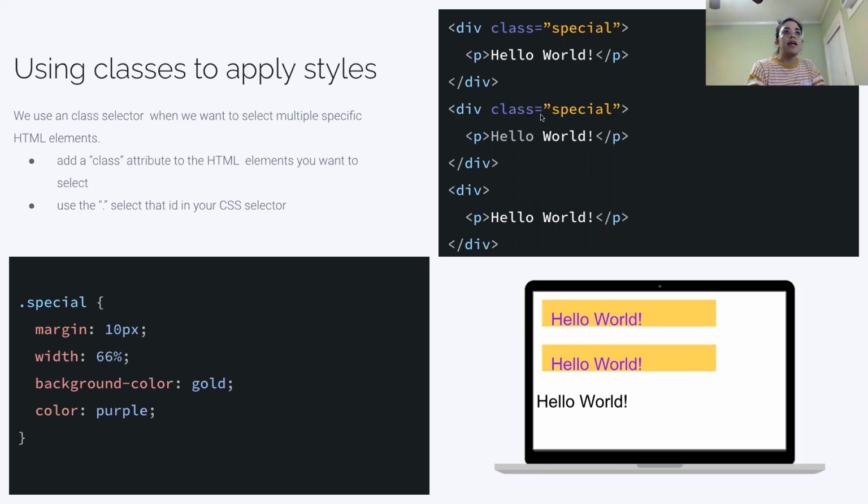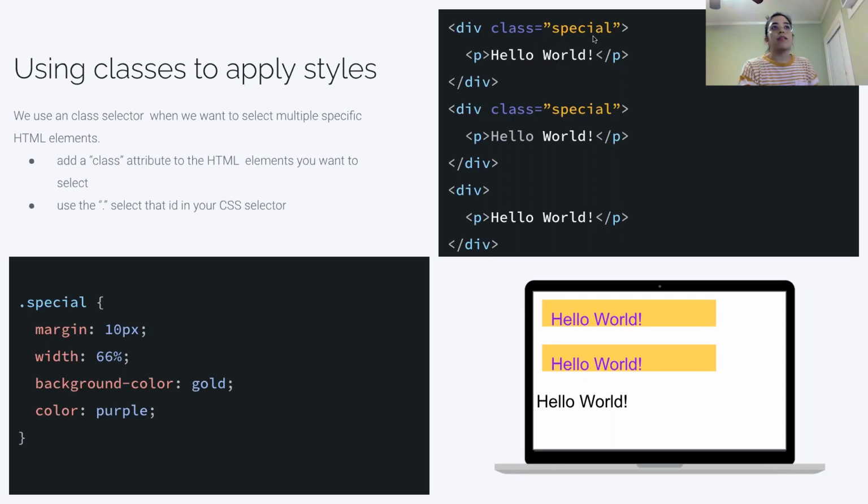So the class attribute here is being applied to this div tag, and the value of the class is special. Classes can be used to almost assign a category to your HTML elements. So we are giving this div tag the category of special.